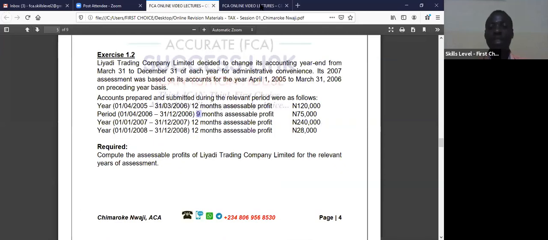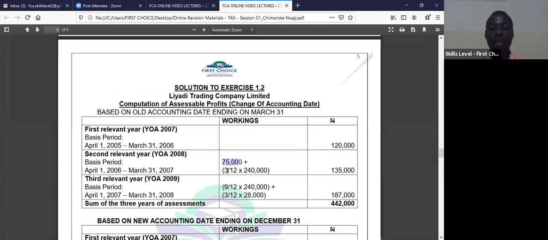So that's why you see 3/12 of this figure. So 3/12 times 240 will give you 60,000. If you add that to 75,000, you are getting 135,000. So that is this 135,000 you got here.